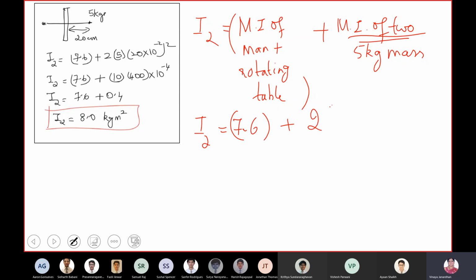So 2 into the formula m r squared. Now here r is 20 centimeter because you're bringing your arms closer.